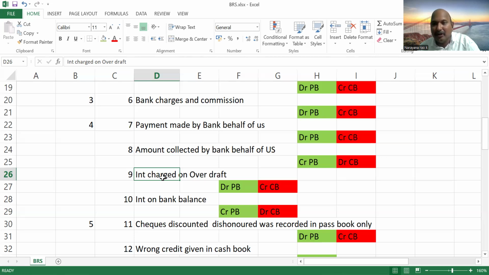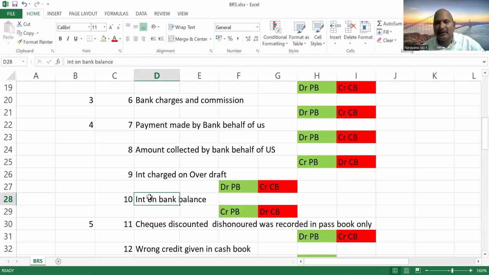Because in a month, we made some deposits and we withdrew money also. They calculate the average and then the interest. We can't calculate the accurate interest like the bank. That's why the bank enters the interest on the last day of the month. It is another difference between our cash book balance and passbook balance.